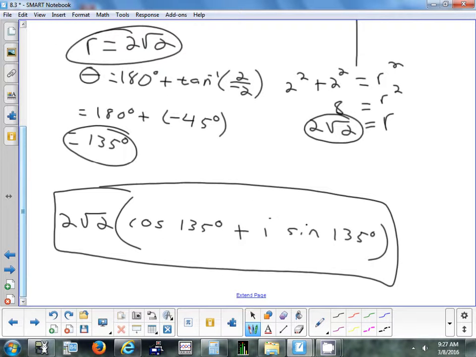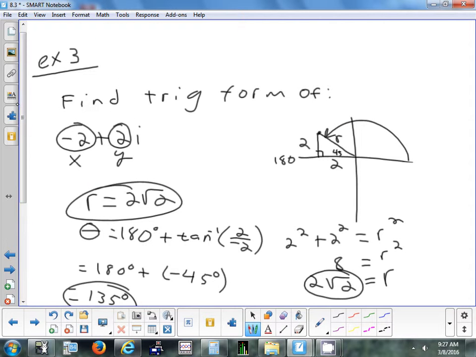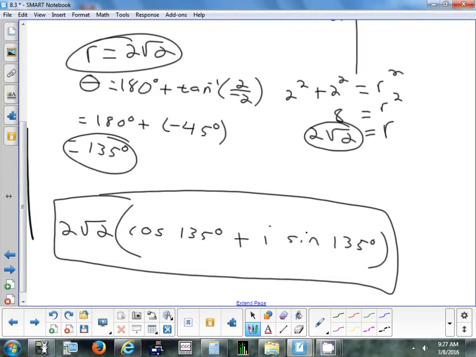Take 2 root 2 times the sine of 135, and you'll get a positive 2. And don't forget that part has an i with it as well, so 2i. We don't want to change it back in this problem. At some point, maybe I'll do one out just to show you that it works, but not right now.